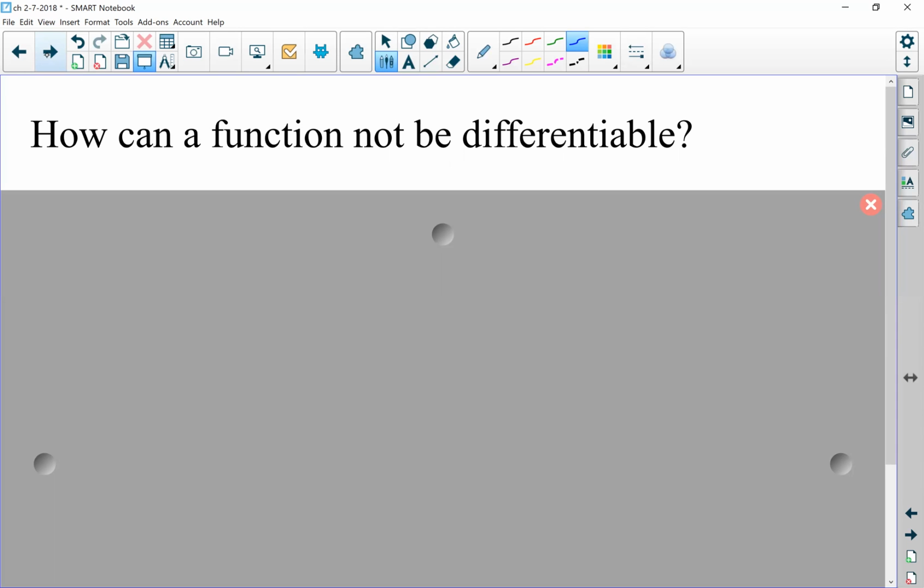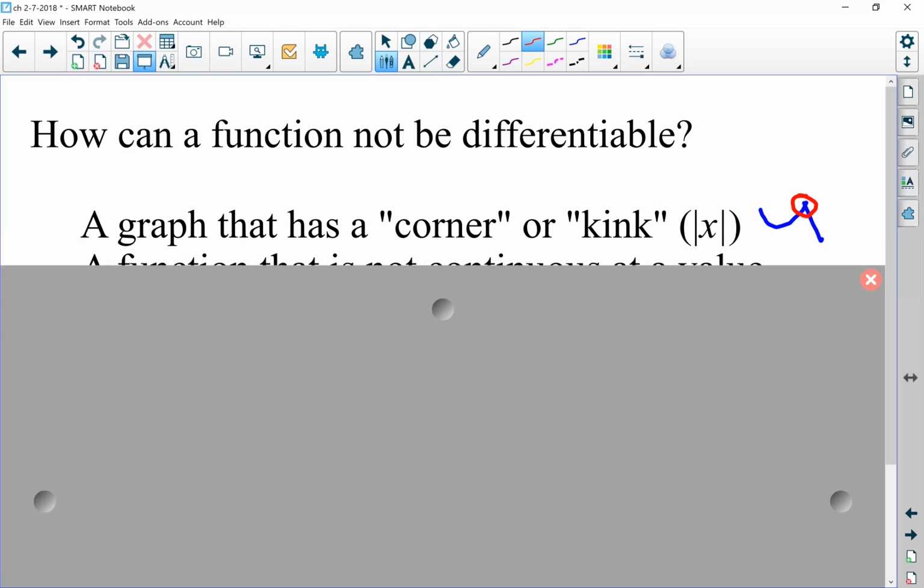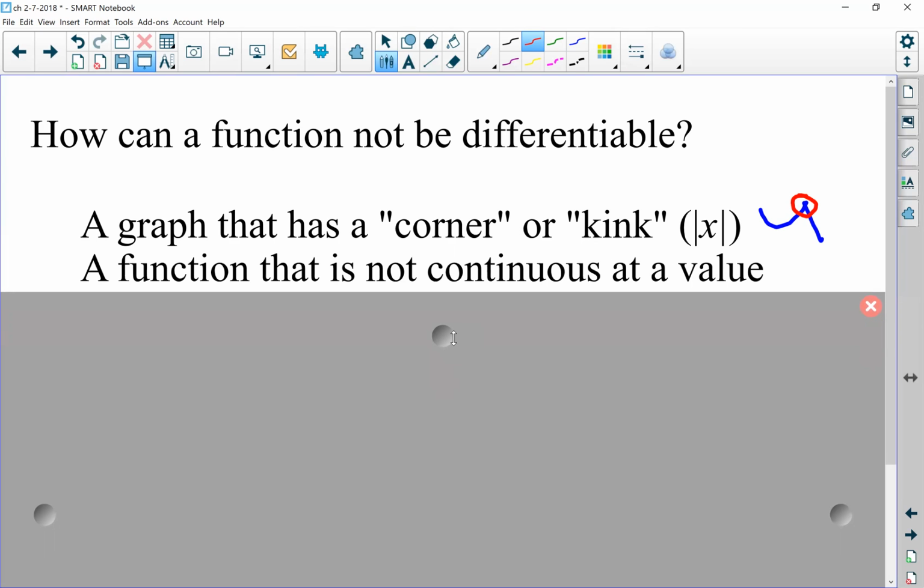So what other things could happen to make a function not differentiable? Well, like absolute value, it could have a corner, it could have a kink, sometimes it's called a cusp. It could have a shape like this. That would be not differentiable specifically at this value. A function that is not continuous.